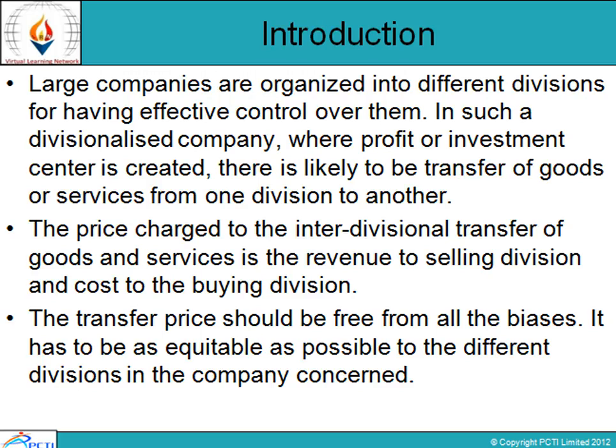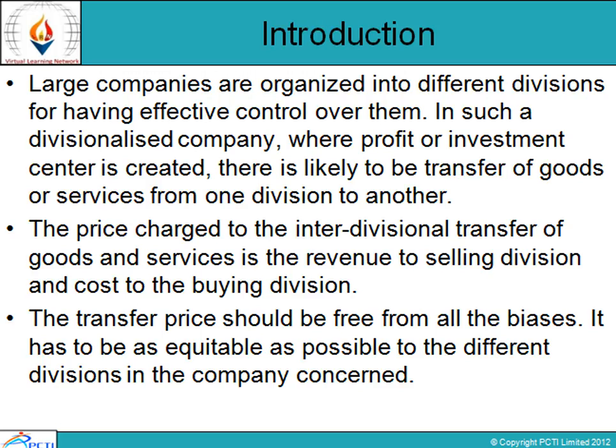So these divisionalized companies, जहाँ पे profit और investment centers create किए जाते हैं, in these type of companies there is a likelihood कि जितने भी transfer of goods and services they happen from one division to another division also. जो interdivisional transfer of goods and services के लिए price charge किए जाते हैं, it is basically the revenue to selling divisions and the cost to buying divisions.